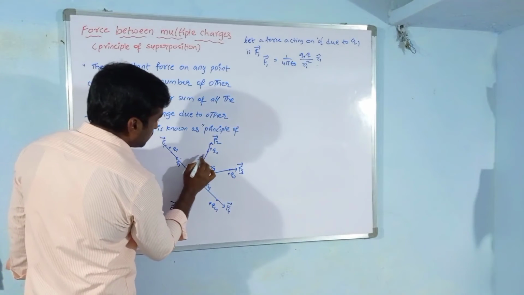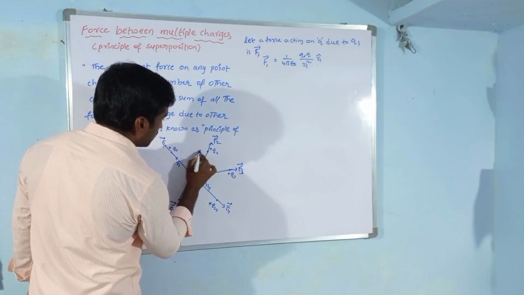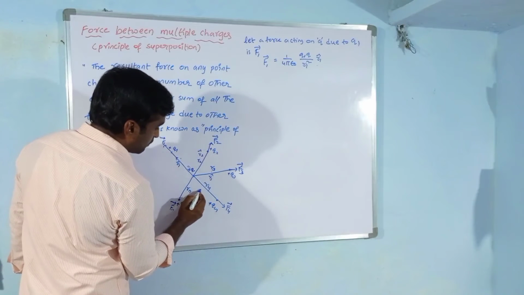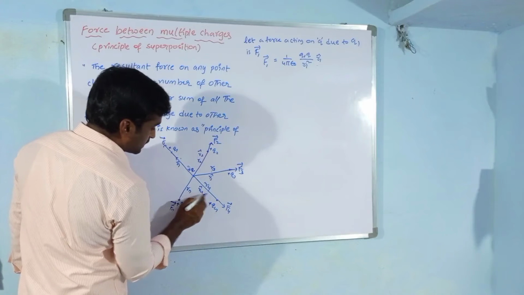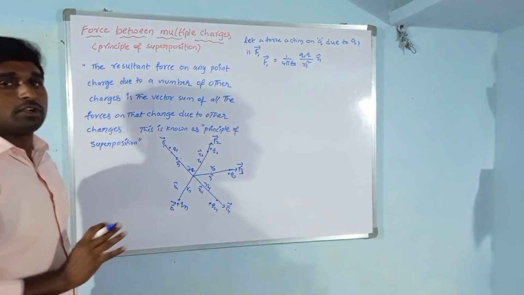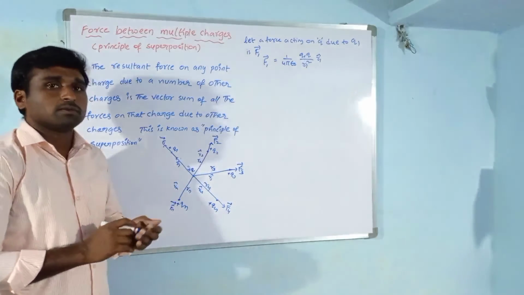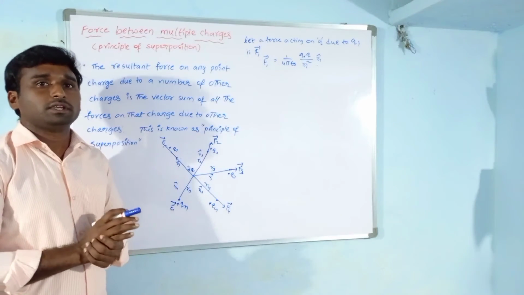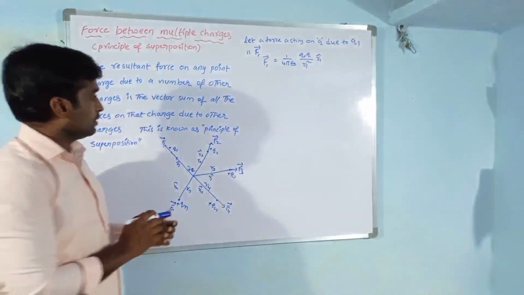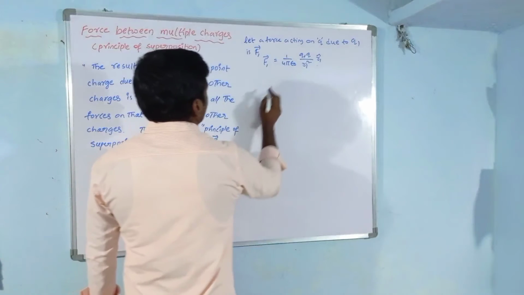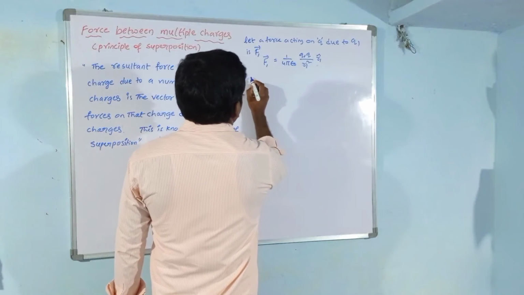This is R2 cap along this direction, R3 cap along this direction, R4 cap in this direction, and Rn cap in this direction. These are the unit vectors. What is the use of a unit vector? It represents the direction of the vector. Next term, force F2.